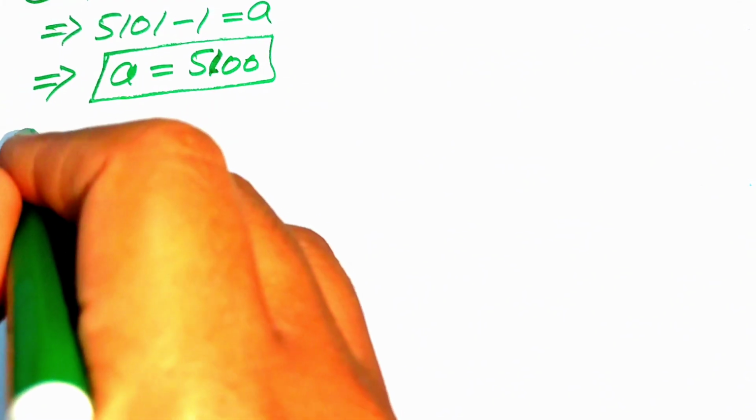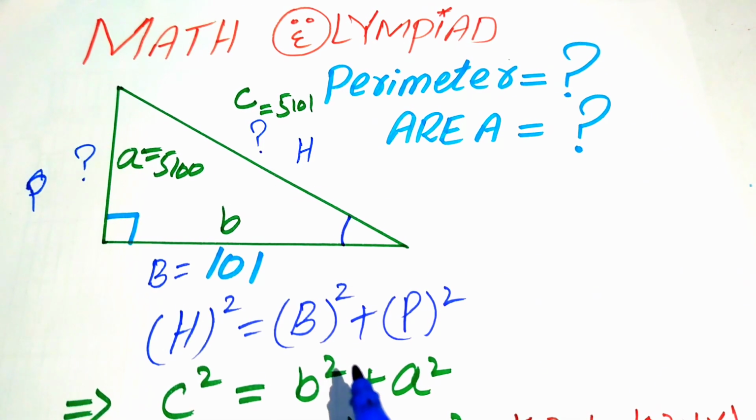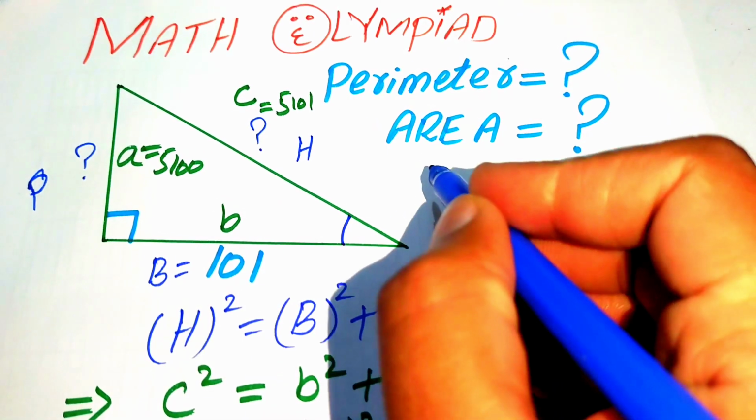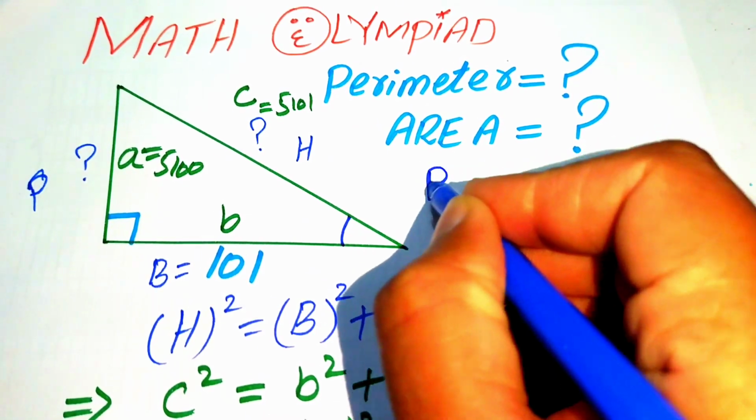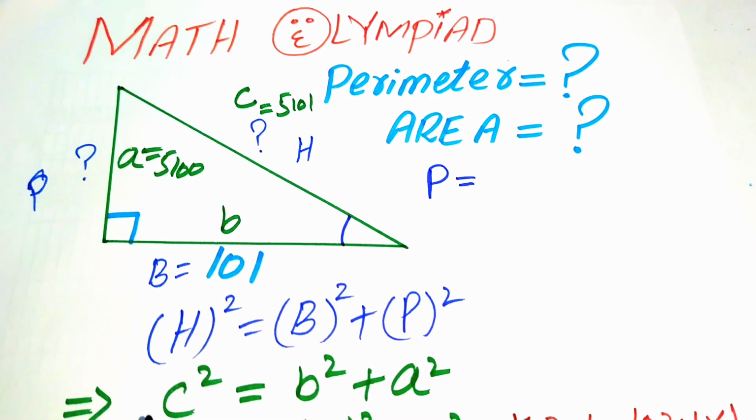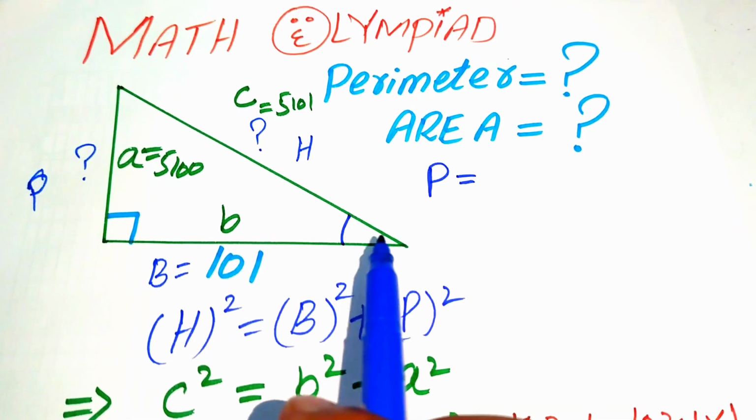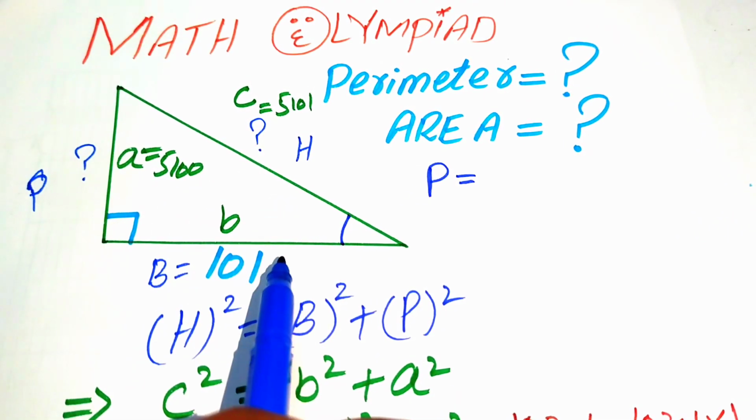So we find area and perimeter here. We call perimeter p, and we know that perimeter is the sum of all the side lengths of the triangle.